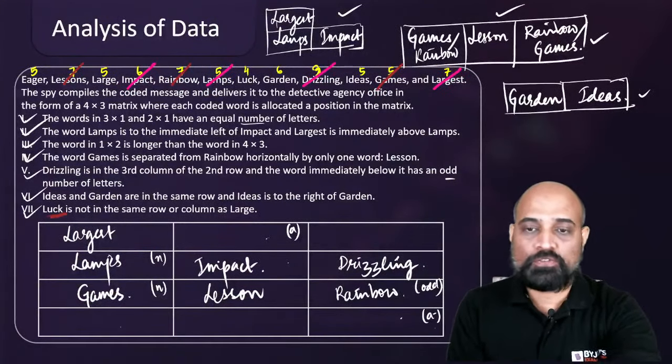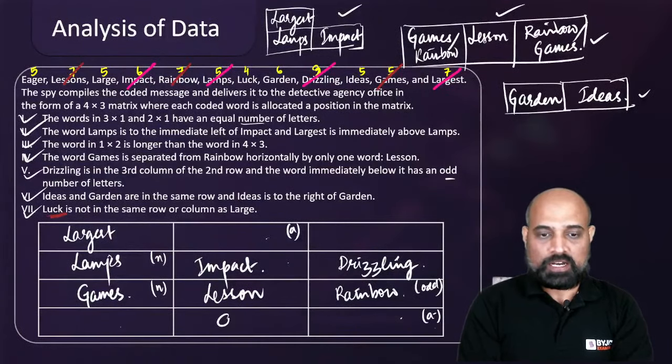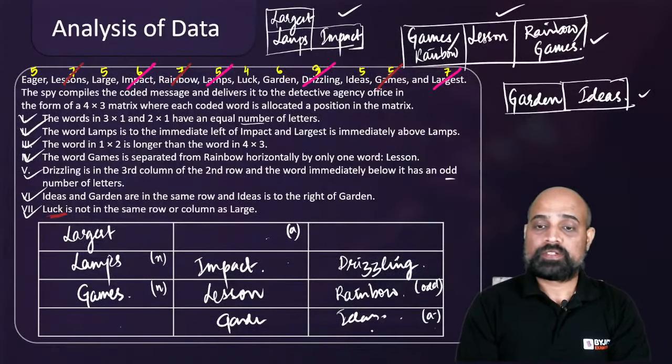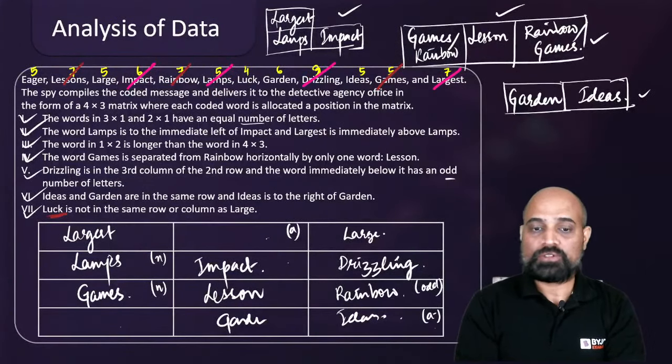Okay. Next is what if we put garden here and ideas here, right? Then large can go at any of these two places, but ideas is actually a 5-letter word and large is also a 5-letter word. तो large को इधर ही जाना पड़ेगा. There is no other place large can go.